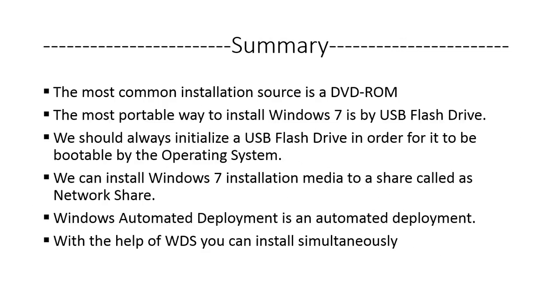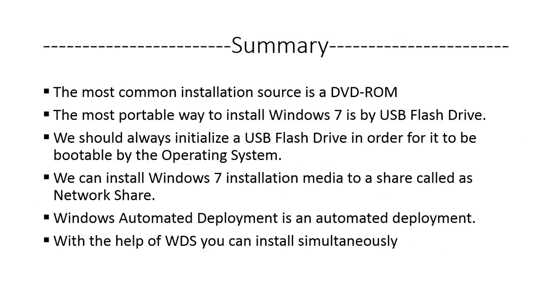Summary. As also mentioned in our last video, there will be a summary at the end of each video. So let's read out the summary. The most common installation source is a DVD-ROM, and the most portable way to install Windows 7 is by a USB flash drive. We should always initialize a USB flash drive in order for it to be bootable by the operating system.